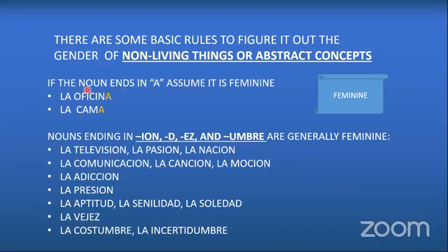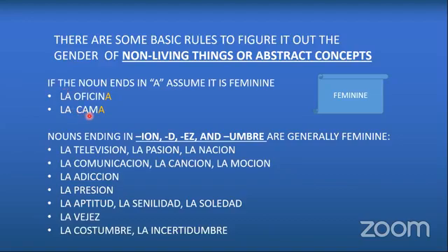If the noun ends in a, assume it's feminine. Let's put an example here. Oficina. You see the vowel at the end, oficina. When it ends in a in Spanish, automatically you are going to say this has to be a feminine one, and you are going to be 90% correct.